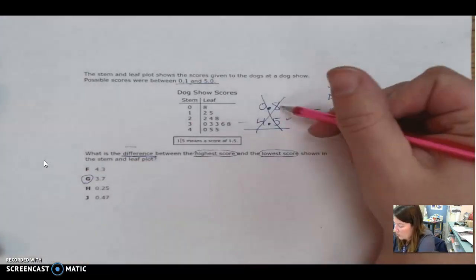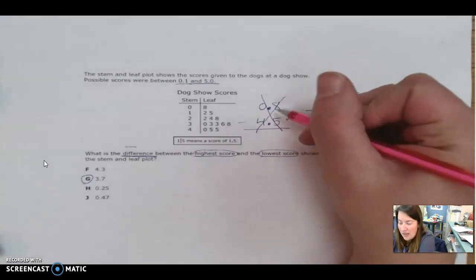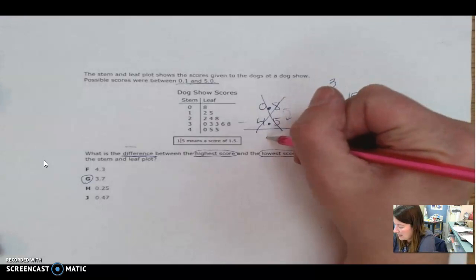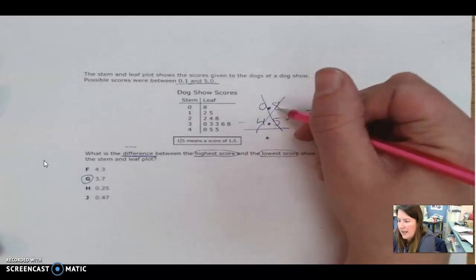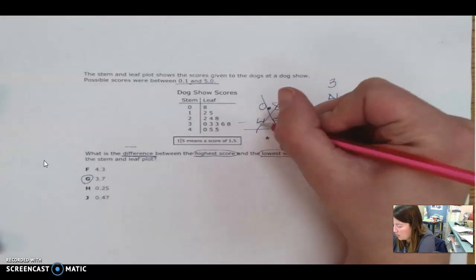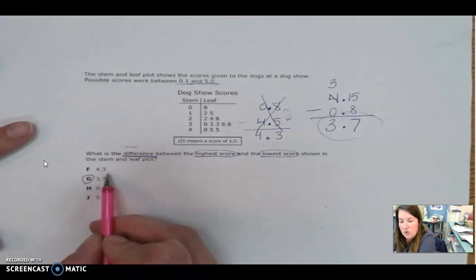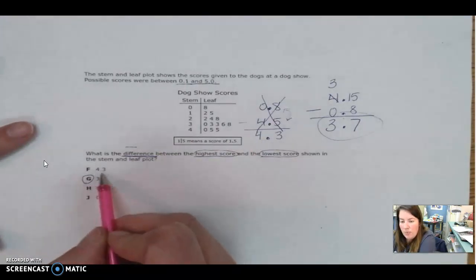If for some reason we subtracted wrongly, look what they do to trick you. So if you went like this and tried to subtract like this, you could do 8 minus 5 is 3, 4 minus 0 is 4. Look, they give that as an answer choice: 4.3.